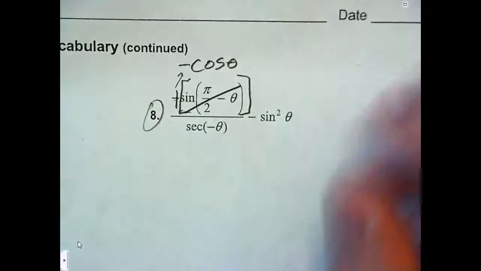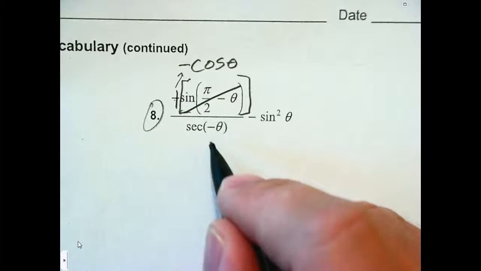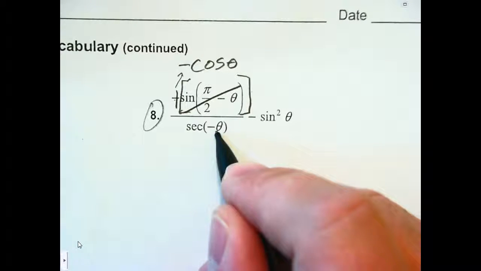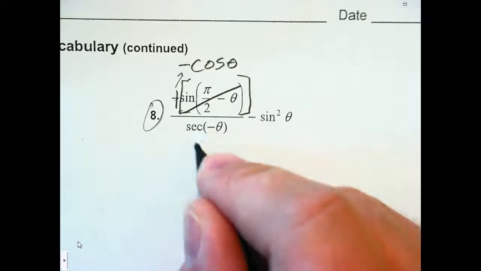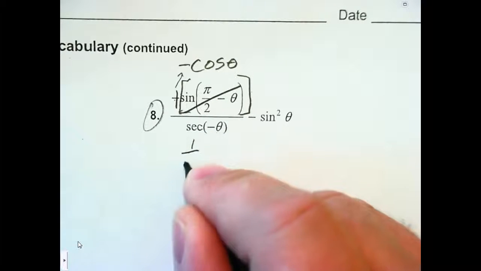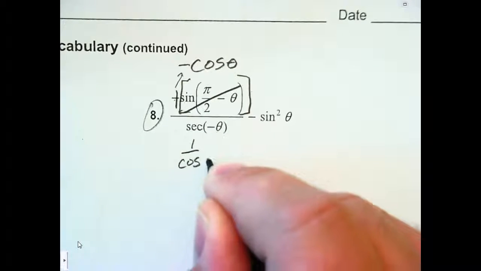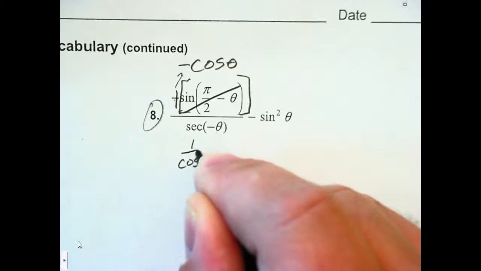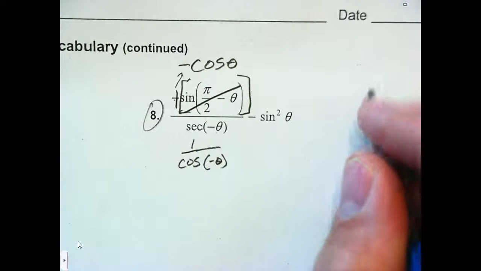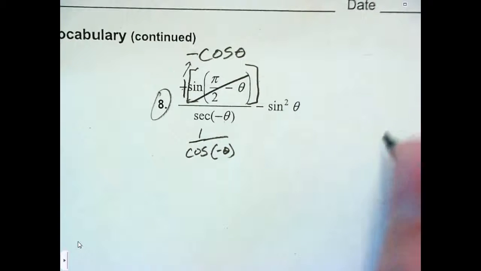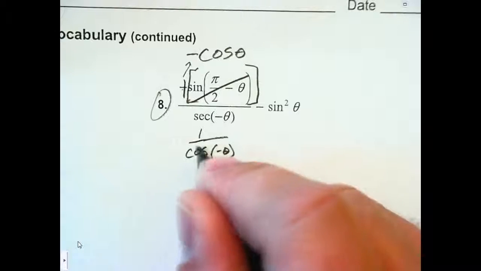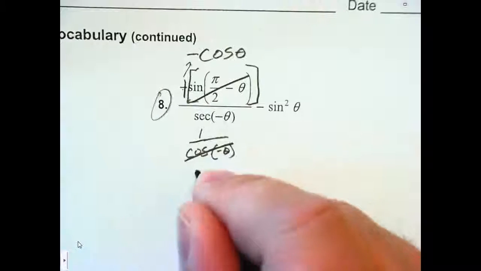Secant of negative theta. Well, secant is the reciprocal of cosine, so that's 1 over cos of negative theta, which just becomes cos theta.